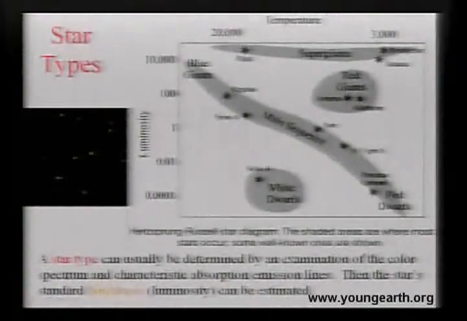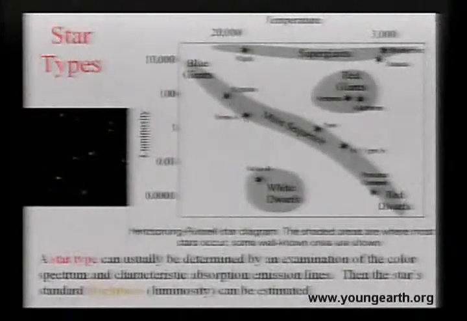But most stars follow along what is called a main sequence, from a small red star all the way through a medium-sized white star, which is our sun. It looks yellow to us, but that's because of the atmosphere scattering out the blue light. And then we've got the very hot blue-white giants.